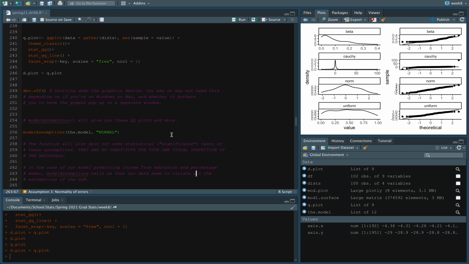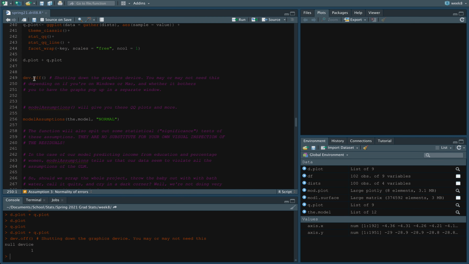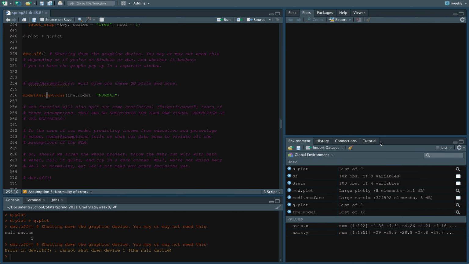But ultimately, it's not a problem when things pop up in external windows. It's kind of a pain for me because I'm trying to capture my screen, and so having multiple windows popping up and not just having things over here. So that's why I do this. So I'll use dev off to clear out my plots in between.